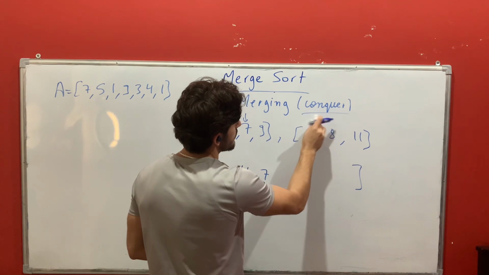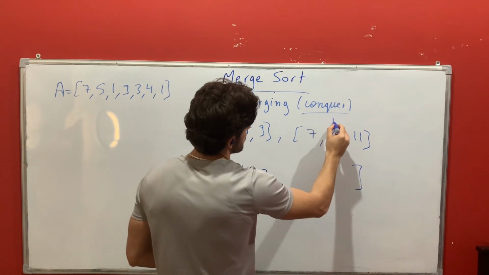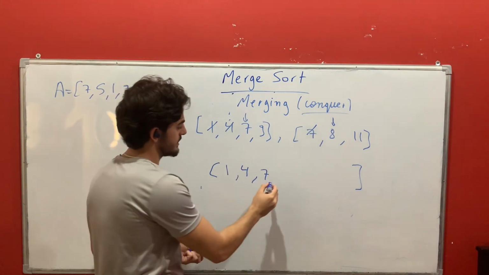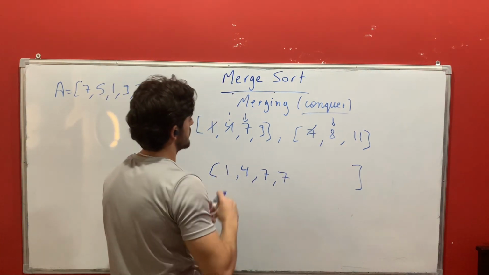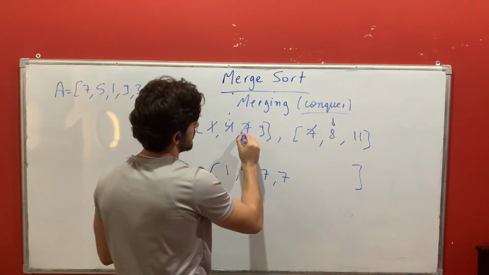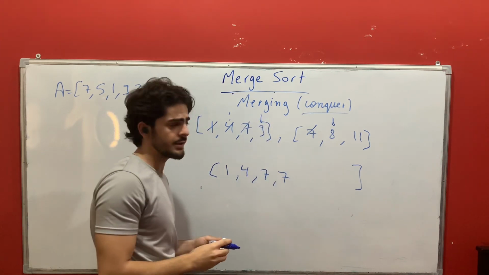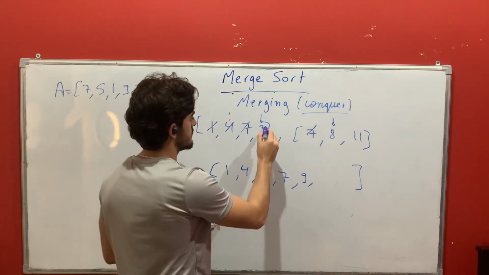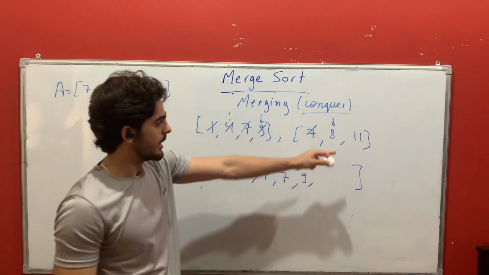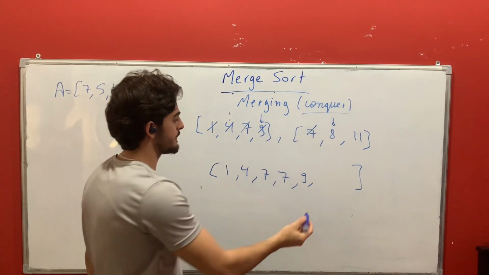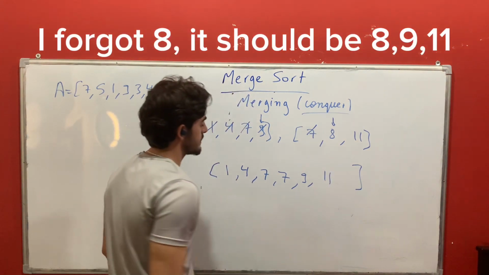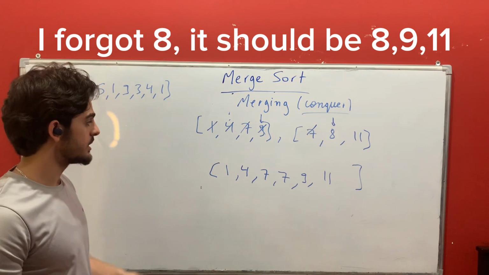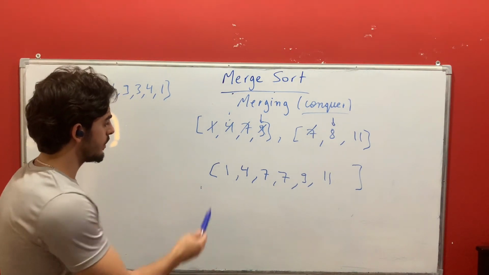We shift the pointer on this. 7 and 8, 7. 9 and 11, 9. And we add the rest of the elements. So as you can see here, from two sorted arrays, we have one big sorted array: 1, 4, 7, 7, 9, 11.